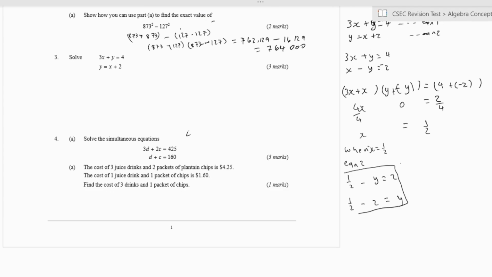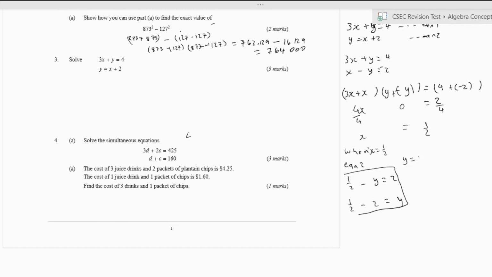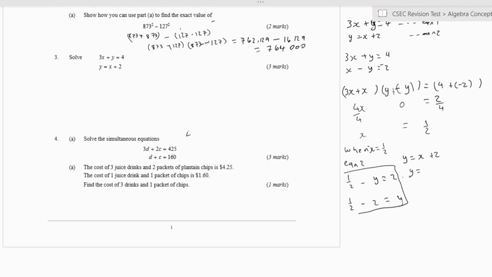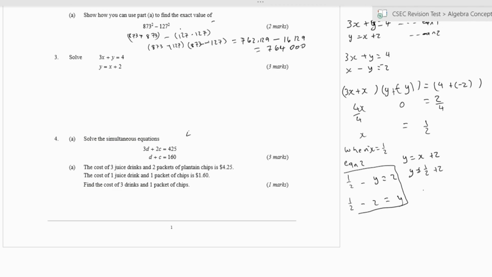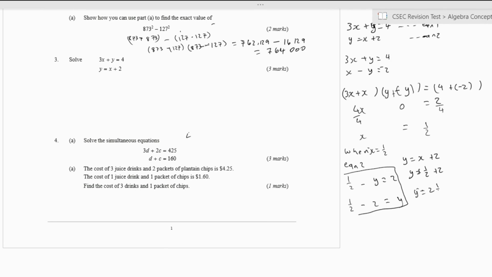Then we write it back in the original form of the equation. When our x is equal to a half, our y is equal to x plus 2. So our x was equal to a half, and our y was equal to 2, so our y will be equal to 2.5.